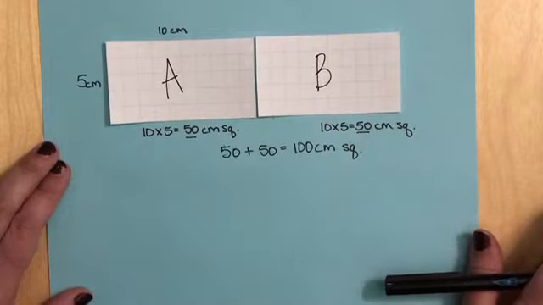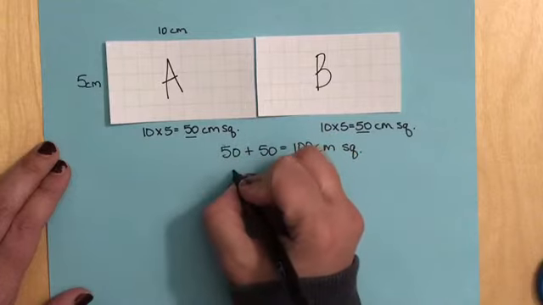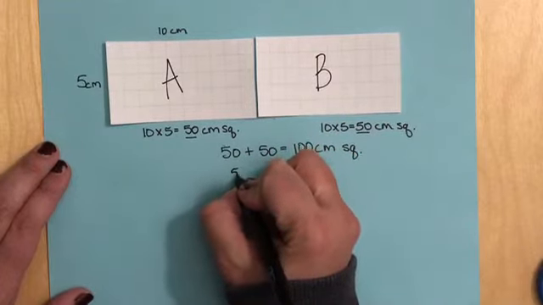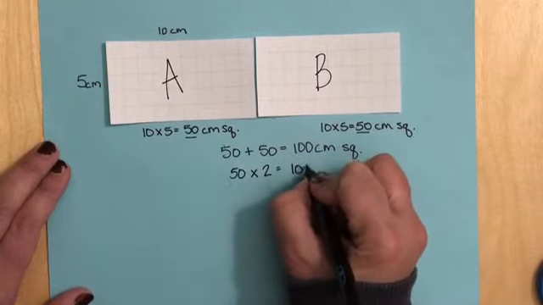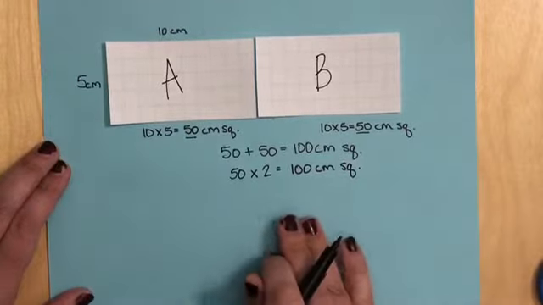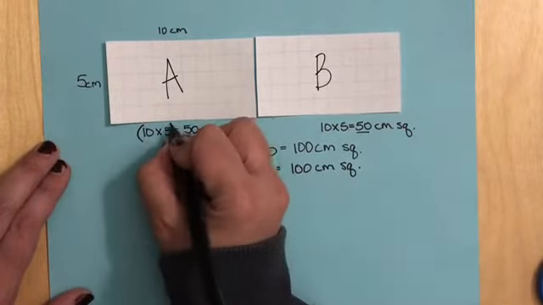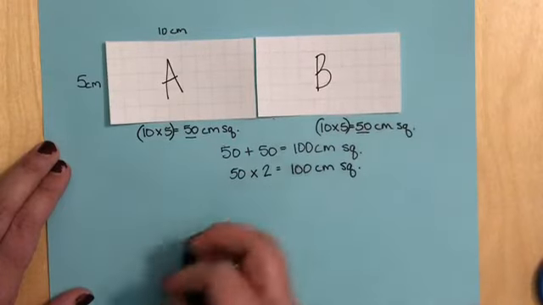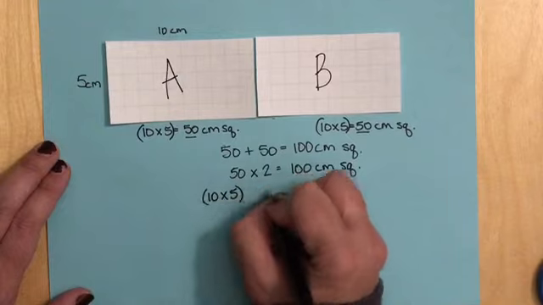Okay, a different type of equation that you could have written would be something like 50 times 2, because I have two rectangles that each have an area of 50, so it's repeated addition. I could have also done parentheses to show my two rectangles being added together, but before I figured out the area.